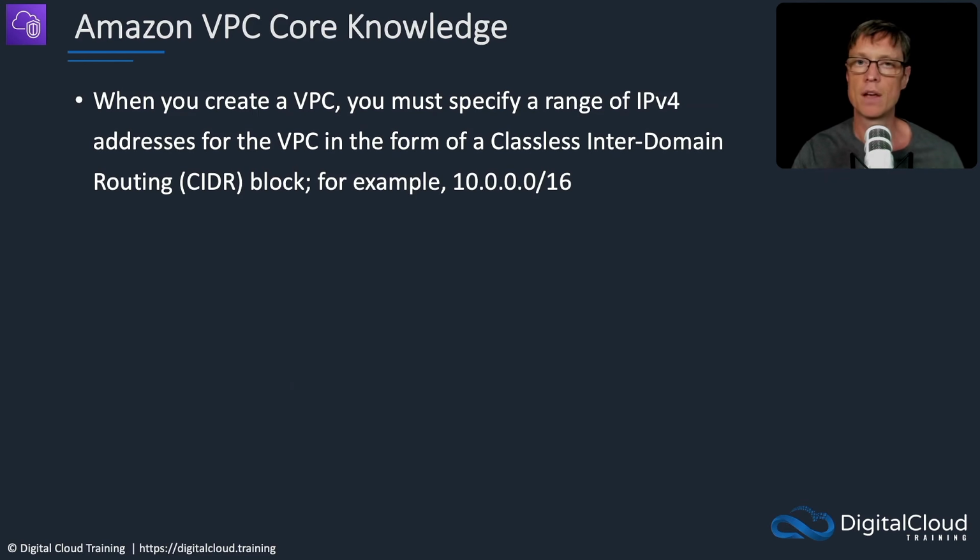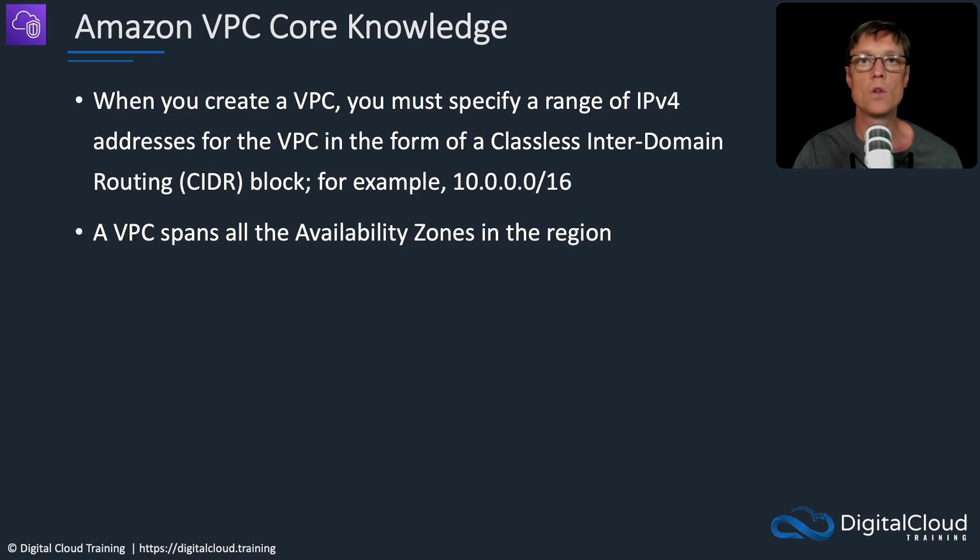Now we'll see how to select the best CIDR block for our use case in another lesson. A VPC spans all AZs within a region. That essentially means if there's 3 or 6 or whatever number of AZs in a region, you can create subnets within your VPC on all of those AZs. But remember, each subnet is always within one AZ.